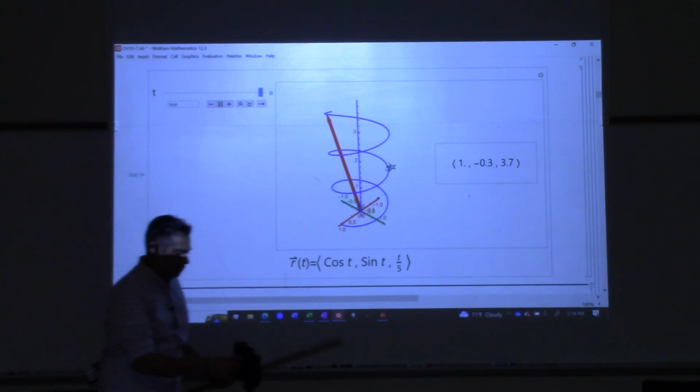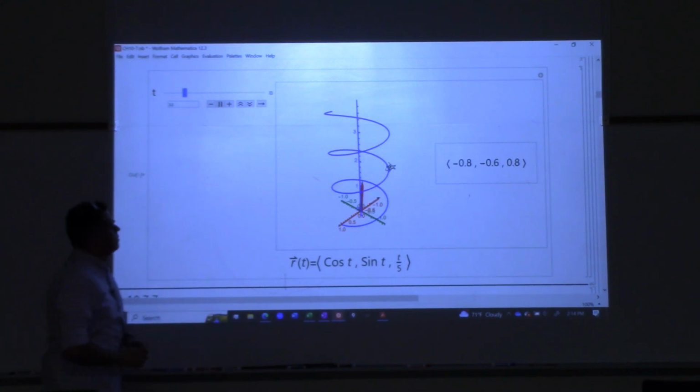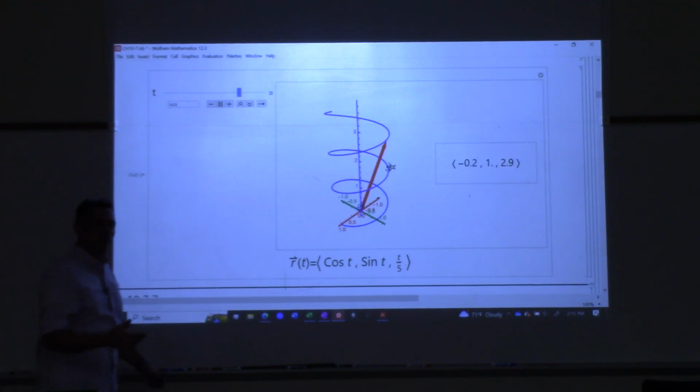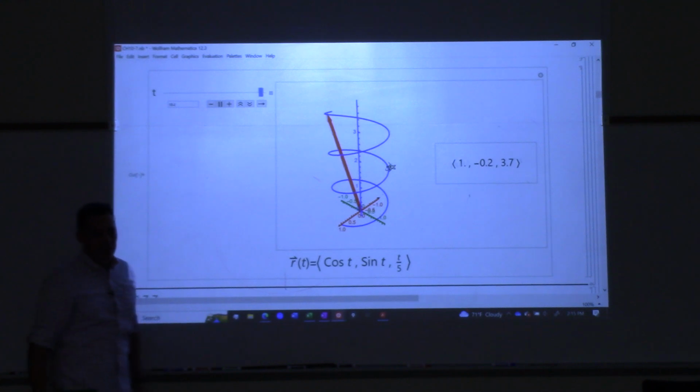Yes? So vectors are not parametric functions? Vectors are not parametric. They're so intertwined. It's because we want to be able to do things like use our cross product and dot product to find things that are orthogonal. So using the vectors makes sense.